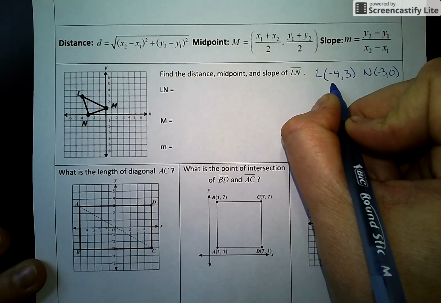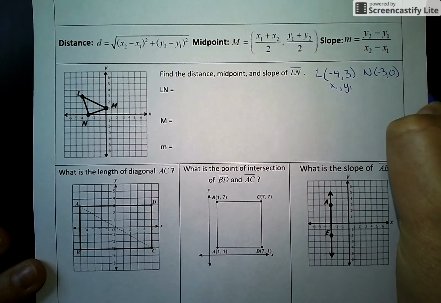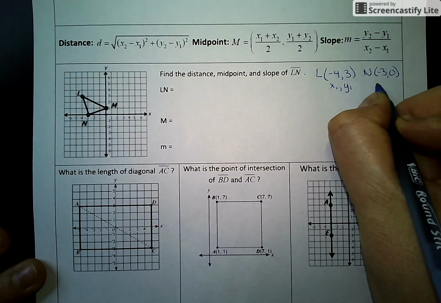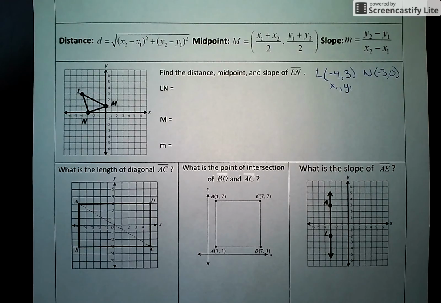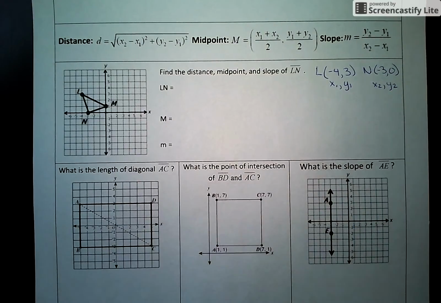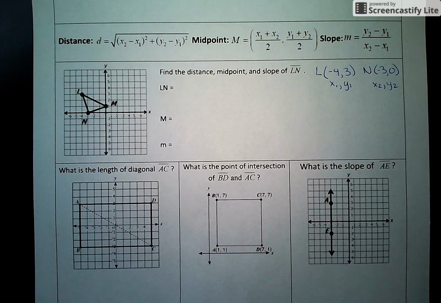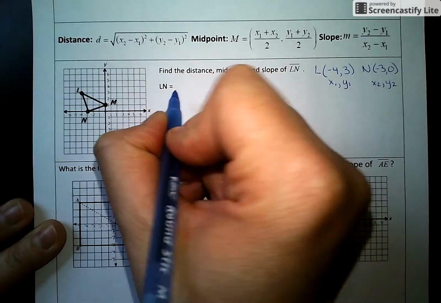I'm going to call L the first point and name it x1, y1, and N will be the second point, and that is x2, y2. Now to plug it into the distance formula.